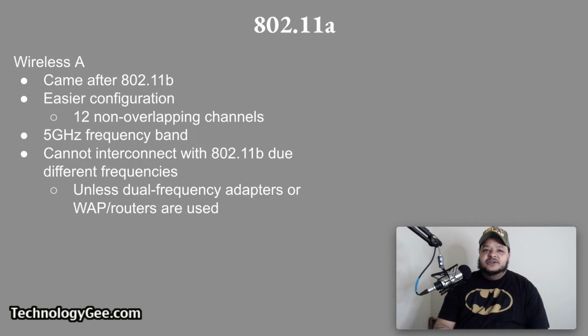It has an easier configuration consisting of 12 non-overlapping channels, and it uses the 5 gigahertz frequency band. But because 802.11b and 802.11a are different frequencies, they cannot interconnect with each other unless dual frequency adapters or wireless access points and routers are used.